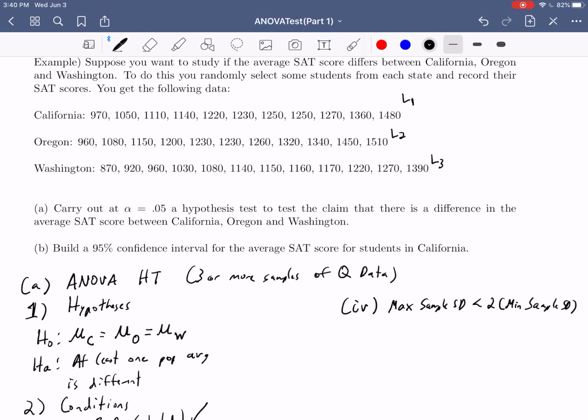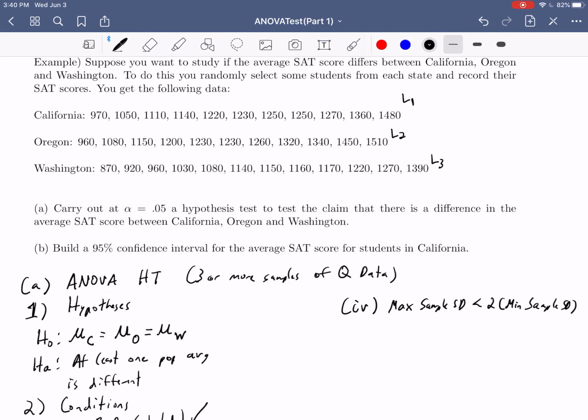Okay, for the Oregon data set, which we will put into L2: 960, 1080, 1150, 1200, 1230, 1230 again, 1260, 1320, 1340, 1450, 1510, again 11 data points. And then finally for the Washington data set, looks like we've got 870, 920, 960, 1030, 1080, 1140, 1150, 1160, 1170, 1220, 1270, 1390, got 12 data points in there.